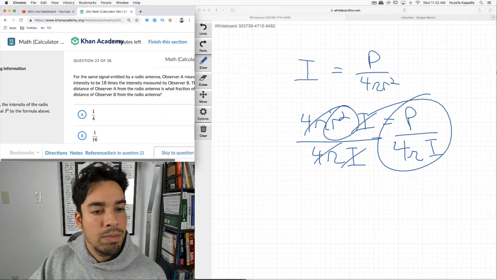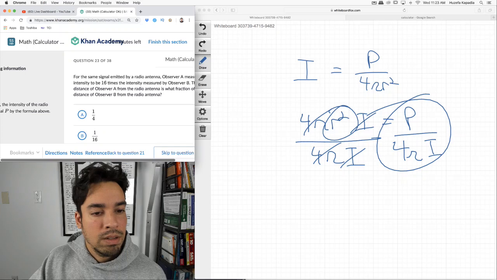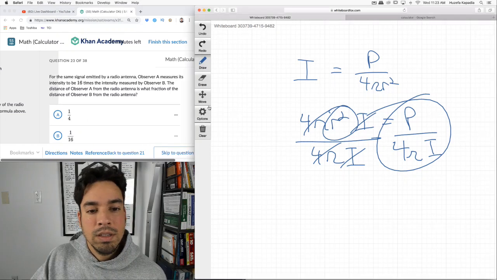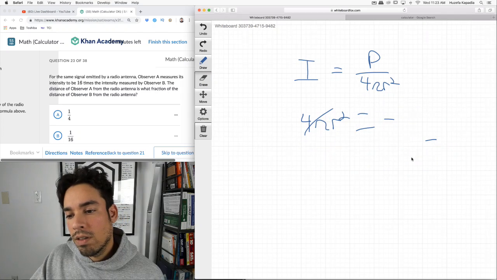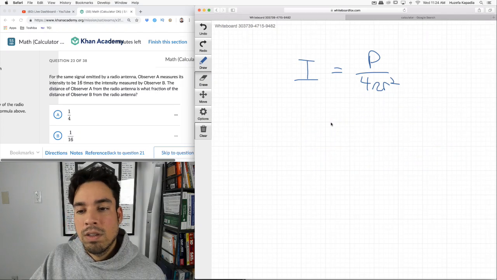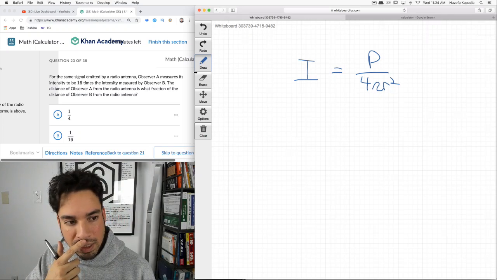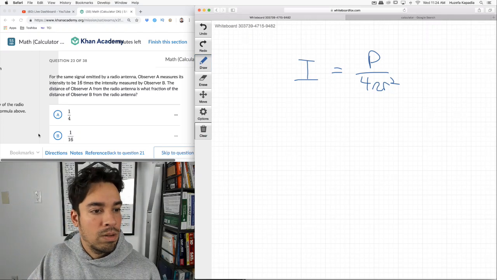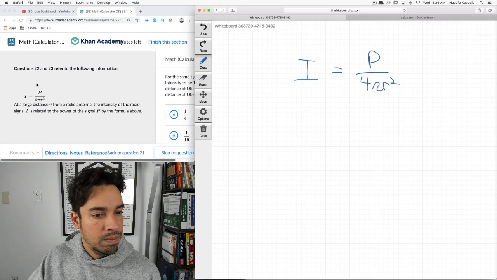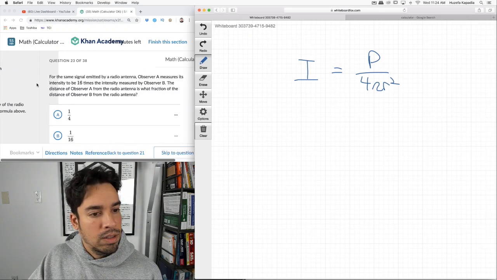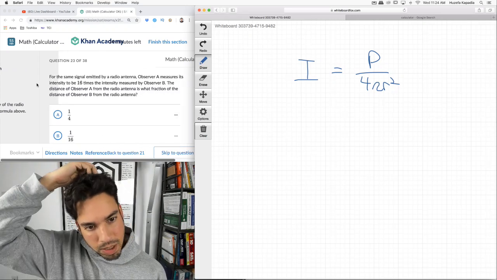For the same signal emitted by a radio antenna, observer A measures its intensity 16 times the intensity measured by observer B. Oh, intensity is I, right? Yeah.